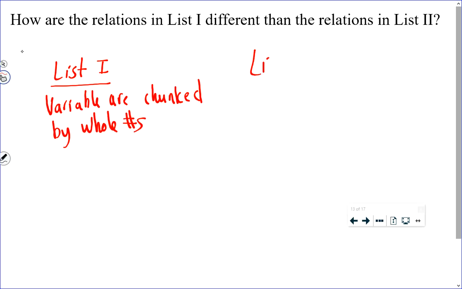In list 2, the variables can be decimals.